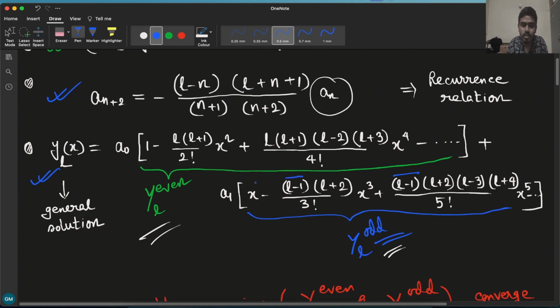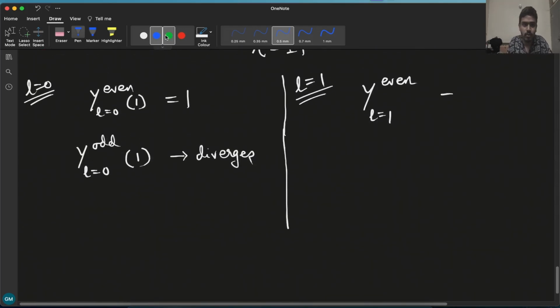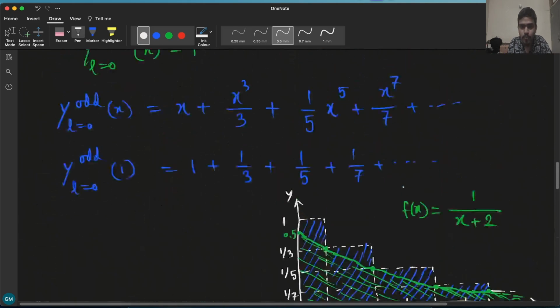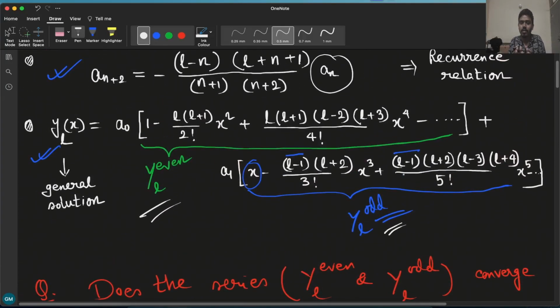So now we are left with this x only, and x at x equals 1 is 1. So this odd series for L equals 1 at x equals 1 is 1. Okay, so for L equals 1, the odd series will converge at x equals plus minus 1.